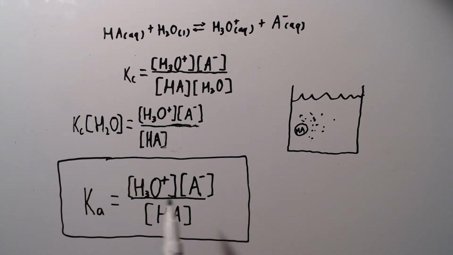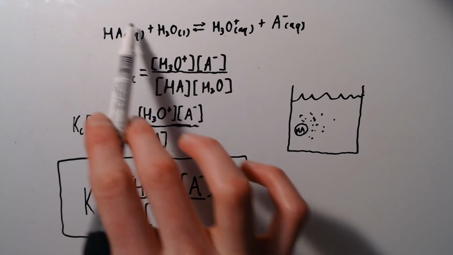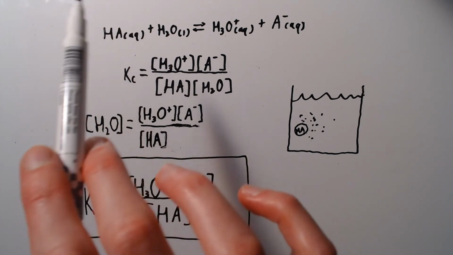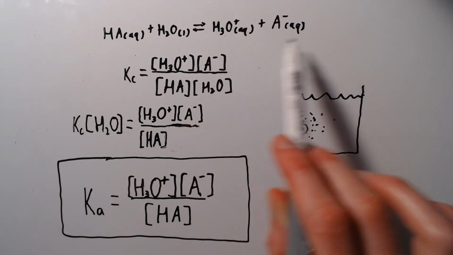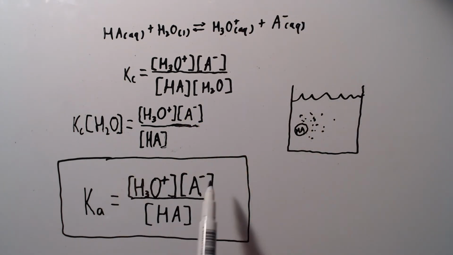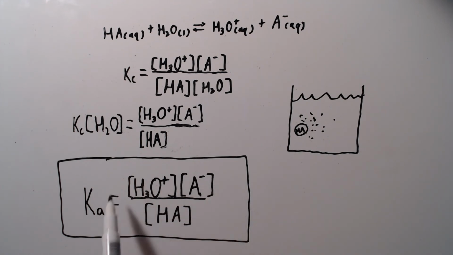And because of that, the Ka also increases in value. And basically, when the Ka increases in value, it signifies a stronger acid, because it shows that this acid on the bottom is better at producing these H3O+ and A- ions, hence increasing this numerator on top and increasing the Ka value, which signifies a strong acid.